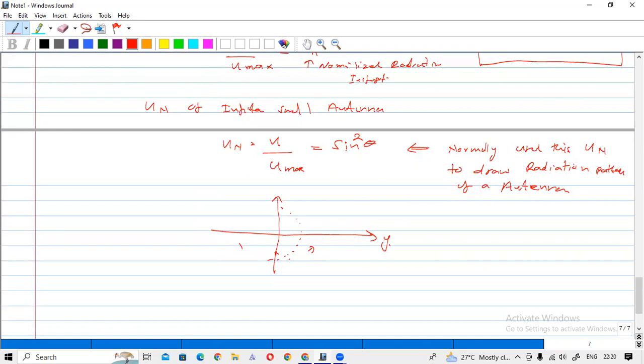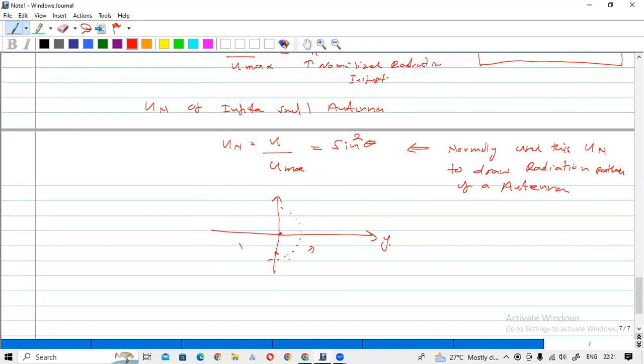The minimum radiation intensity is when theta is equal to 0, and you will get the minimum radiation intensity, that is 0.